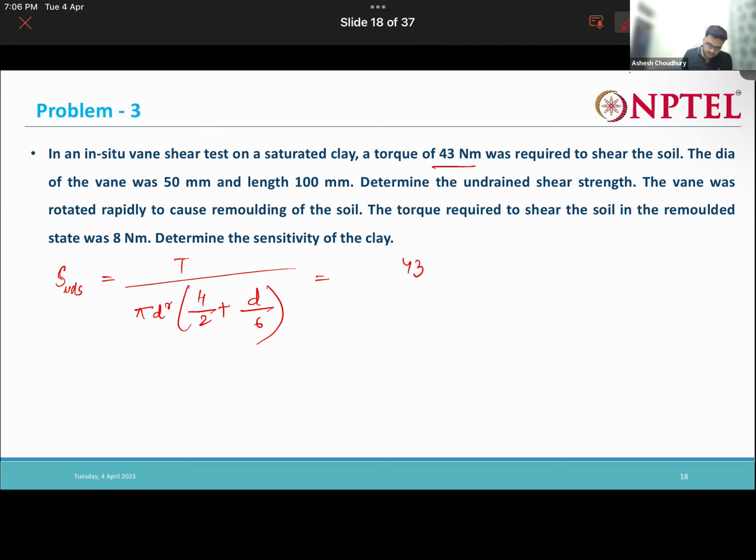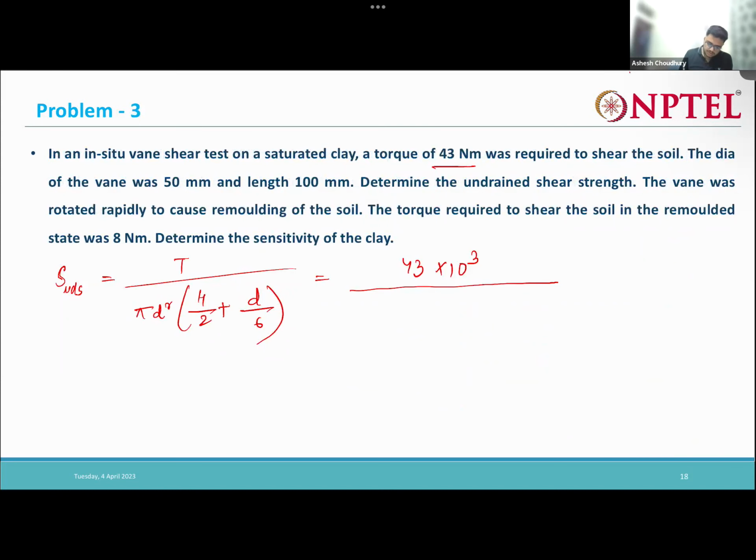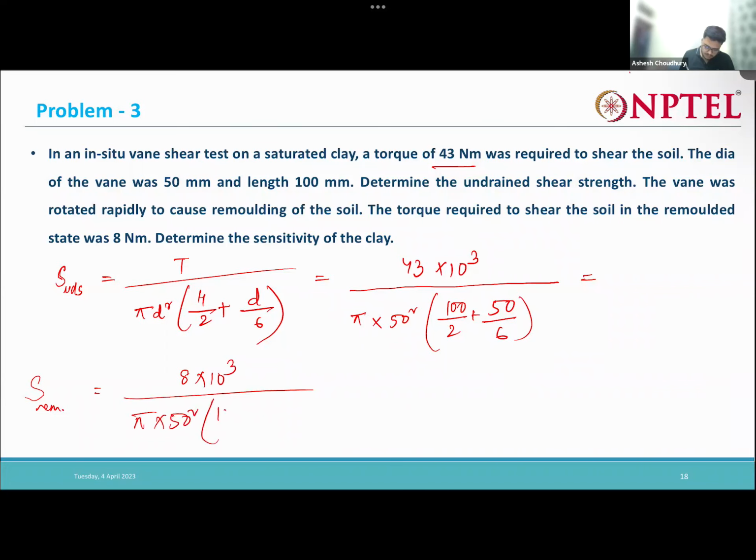T is 43 Newton meter, so I convert it to Newton mm, then pi into, to calculate this one, and similarly for remolded we will have, let's calculate these two.